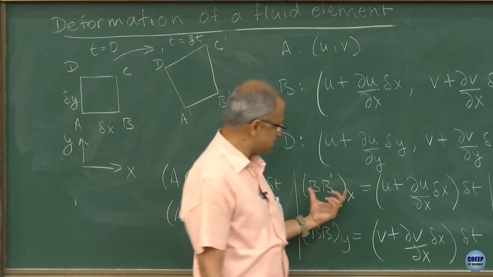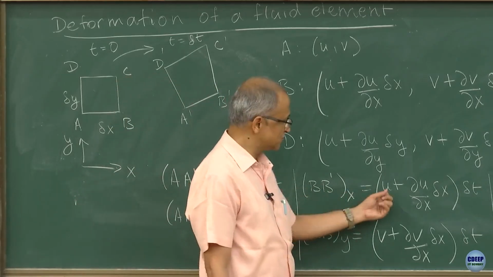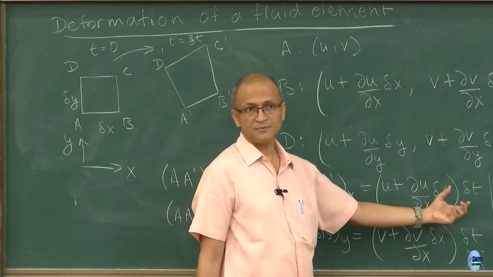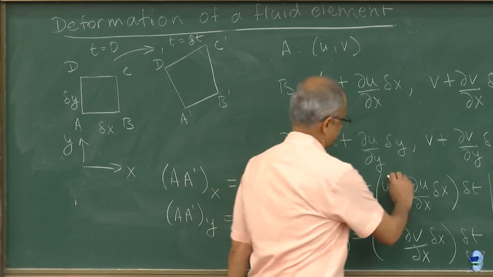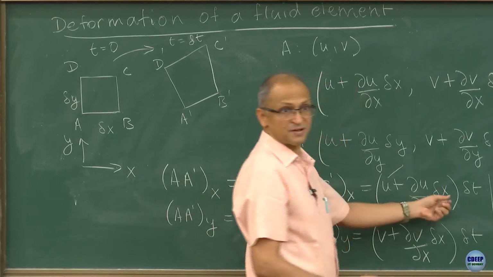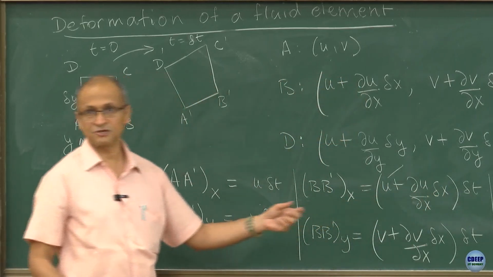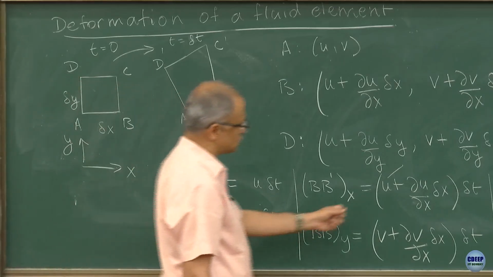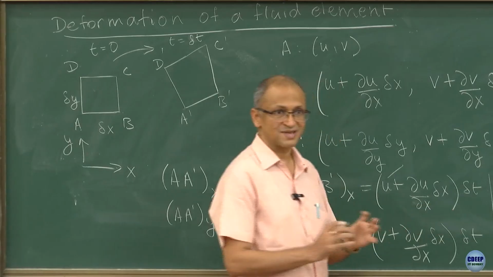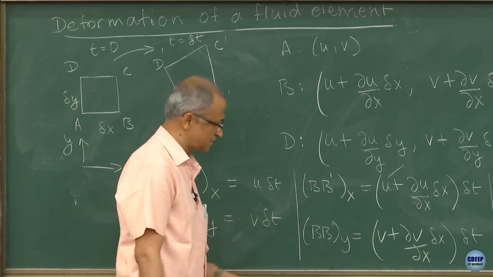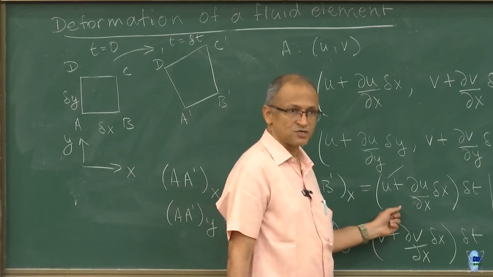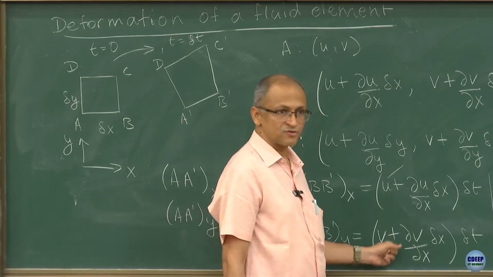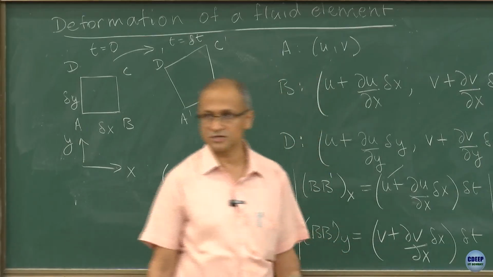You can see that this point B is moving by u times delta t. This part is the translation part of it. So u times delta t is how much translation is happening along the x direction for point B, and similarly v times delta t is the translation of point B along the y direction.